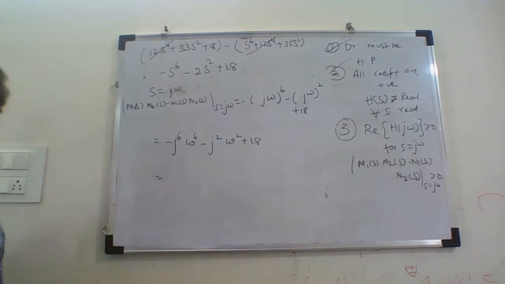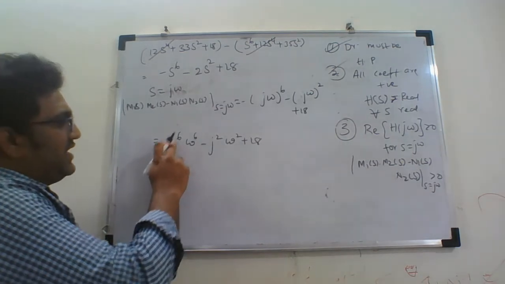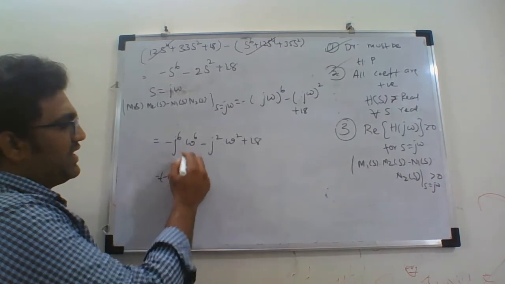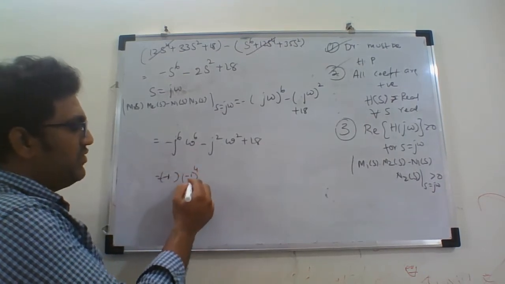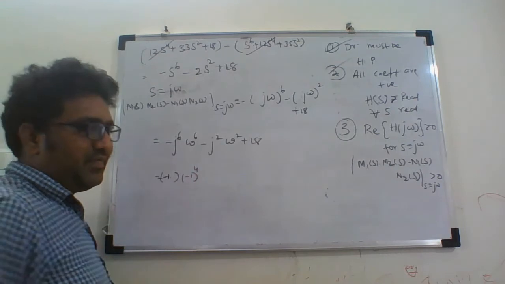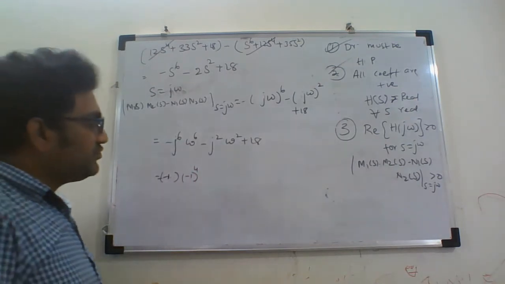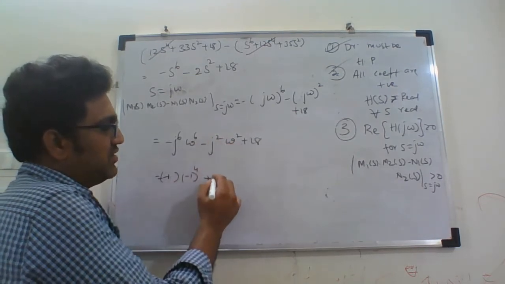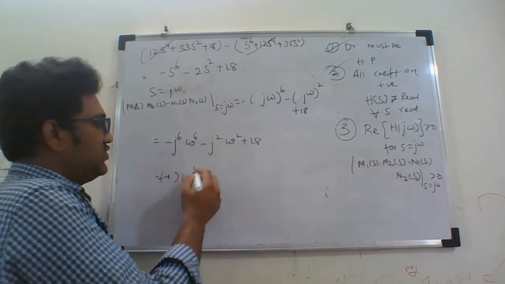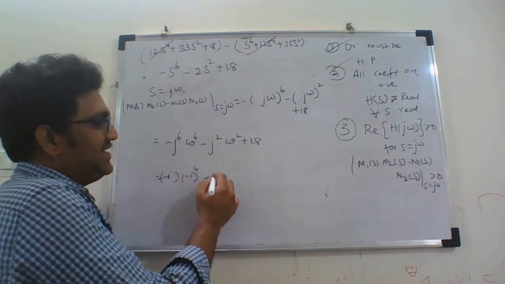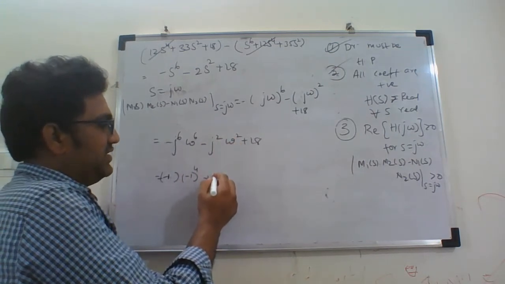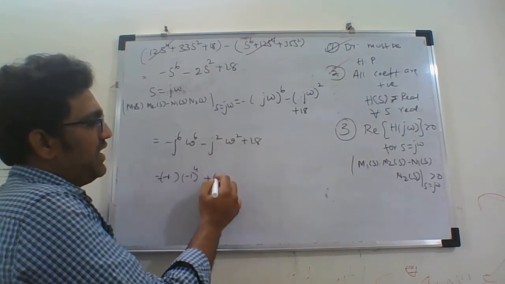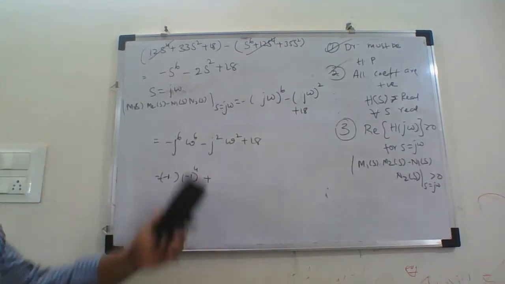Now, j power 6 can be written as minus 1 whole power 3, which is minus 1 itself, and j square is again minus 1.